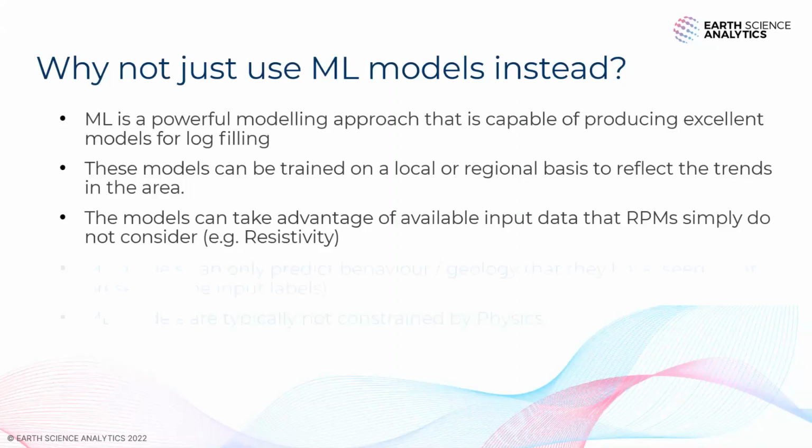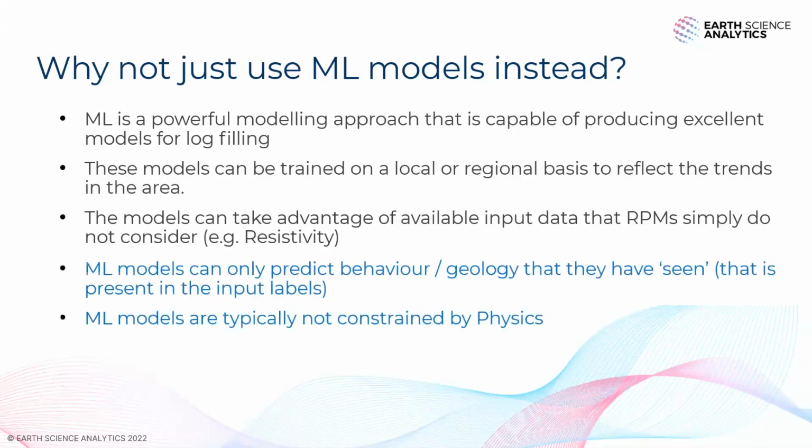The two things that they don't really do so well at is, first of all, machine learning models can only predict geology that they've seen. By seen, I mean data that's present in the input label set that it's training on. And then machine learning models are not constrained by physics in most cases. And these two limitations mean that if you wanted to model something that you know should be there, logically and geologically, but you don't have a sample of, it makes it very difficult for the machine learning model to predict what you would see there.